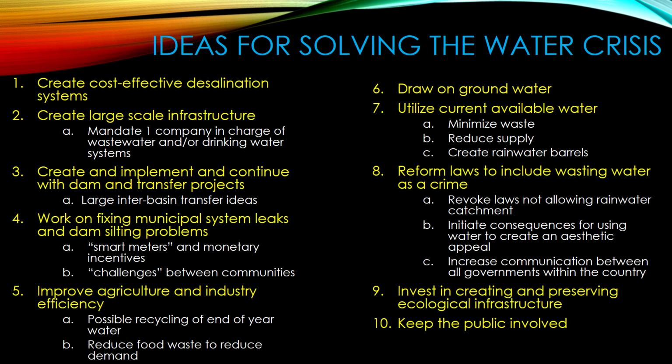So overall, South Africa wants to help the public and those within their country. Right now it's just kind of difficult because a drought means no rain, and with no water coming in at all, they can't provide.